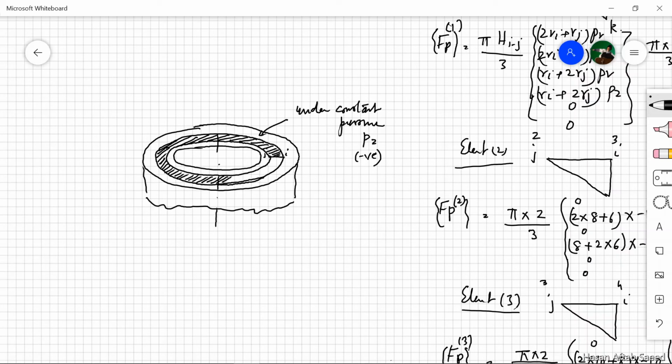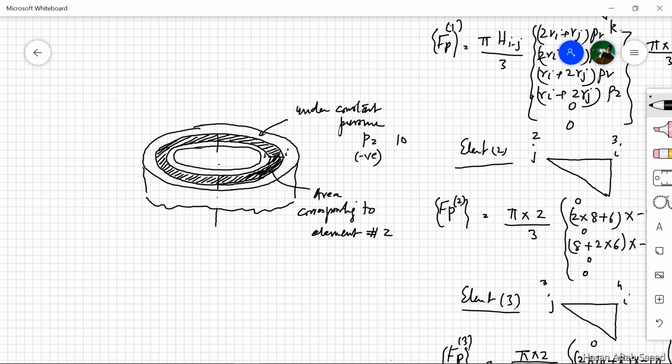But when we talk about element 2 only, then the force generated as a result of that pressure will be for this area, corresponding to element number 2.